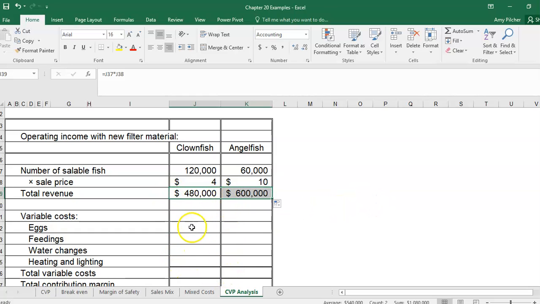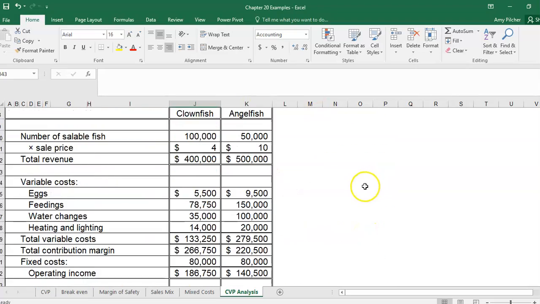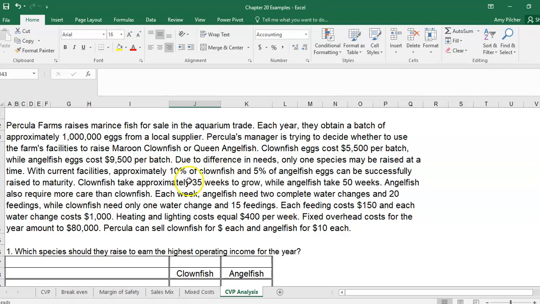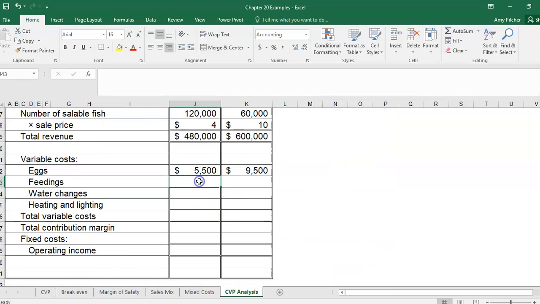Our cost for eggs stays the same. There's no change, but our feedings are going to go up. We don't increase the number of feedings, so we still have 35 weeks for clownfish, 50 weeks for angelfish, 20 feedings per week and 15 feedings per week, but now they're $160.